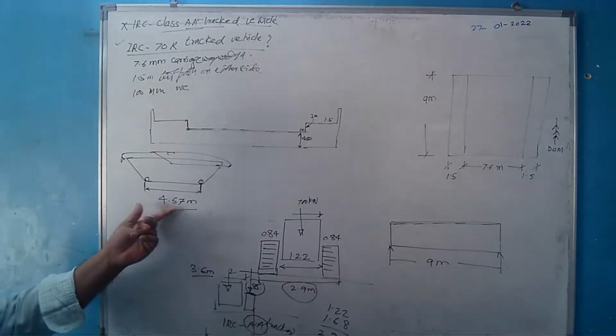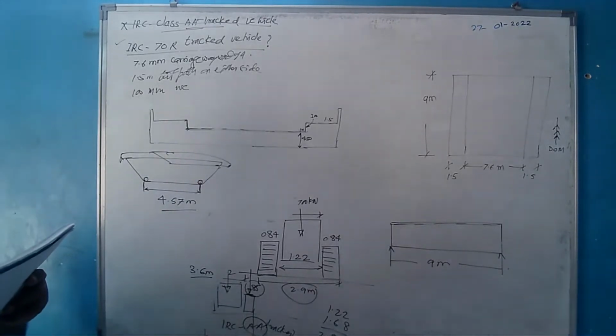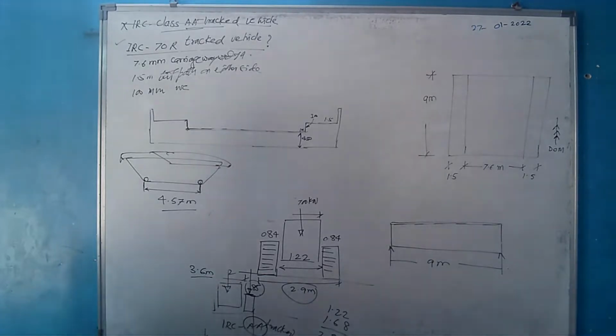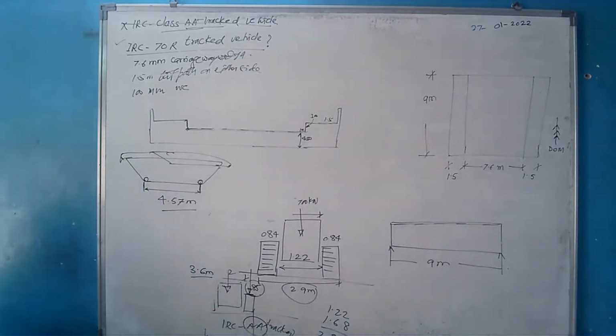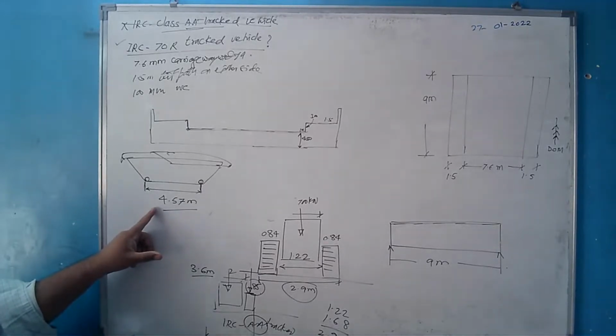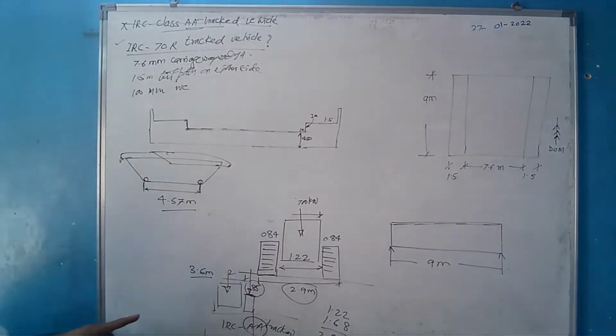How much is it here? It is 4.57 meters. This is the difference. It is only the vehicle's dimension that differs. Contact length was 3.6, here it is 4.57. The load is the same, 700 and 700 kilonewton.